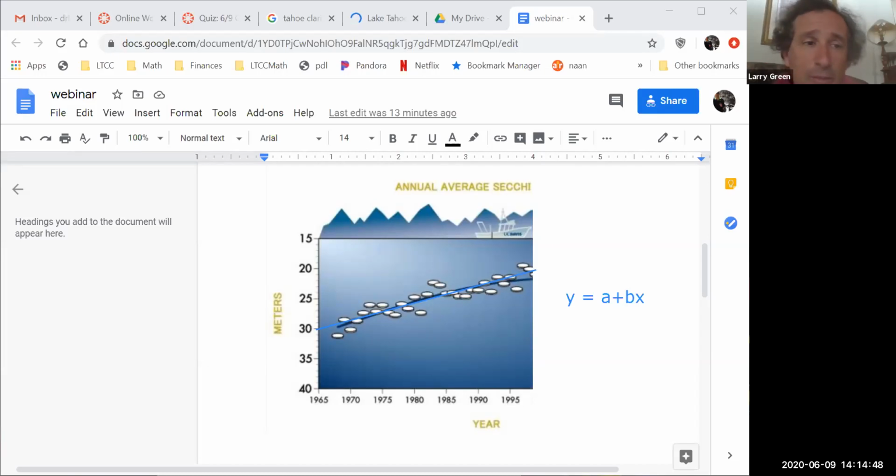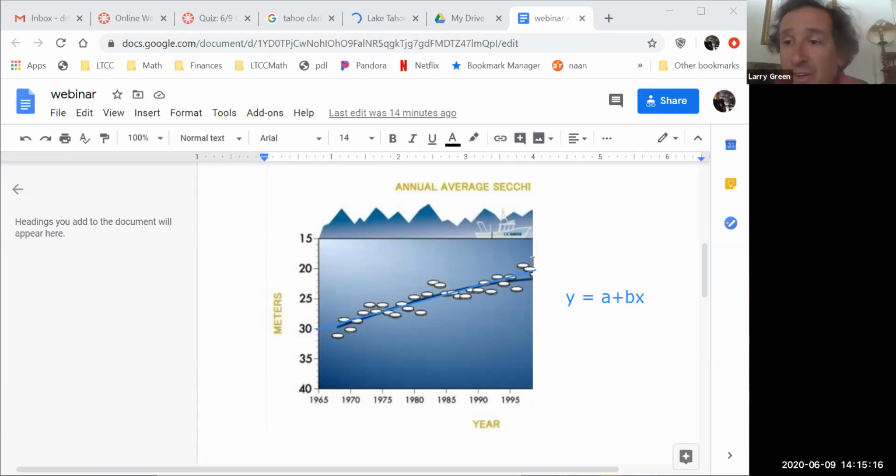So let me explain, and this isn't math, or it's not statistics. It's statistics, but it's not the statistics of this example. And the reason why it's not completely linear is weather. If you have a big, huge year, storm-wise, in terms of snow, then lake clarity goes down. Okay, and that's because you get a big runoff.